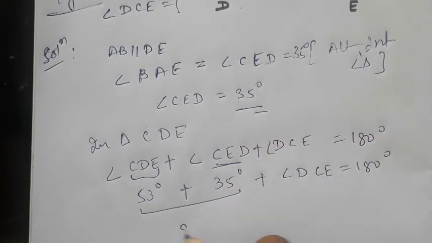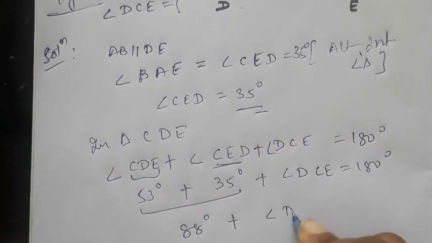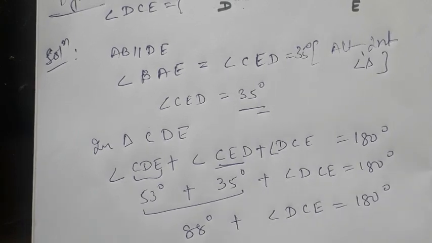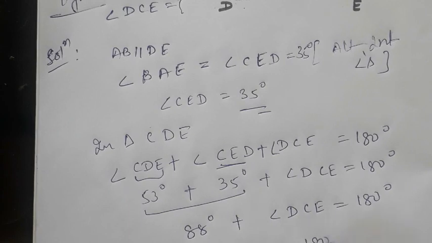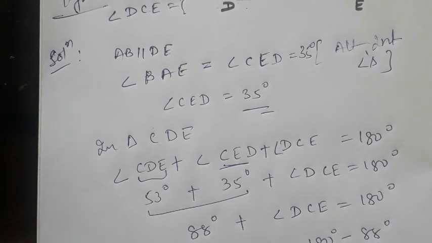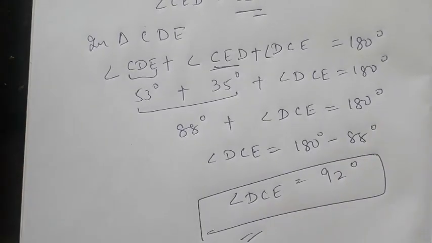The sum of these two is 88 degrees, plus angle DCE equals 180 degrees. So DCE will be equal to 180 degrees minus 88, which is 92. So this is our required answer.